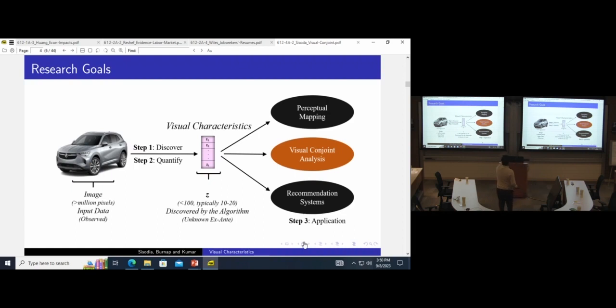And if I have those vectors for all of the products, then I'll be able to apply this method in perceptual mapping, visual content analysis, product recommendations, etc. And today I'll be talking specifically about visual content analysis application. We have another paper which is more in the spirit of a perceptual map or a market structure.